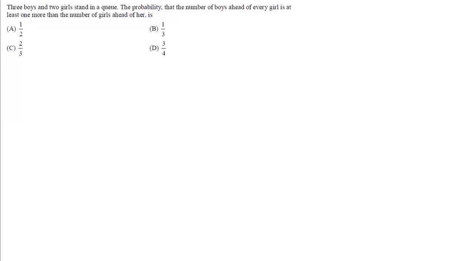Now here the question is, 3 boys and 2 girls stand in a queue. The probability that the number of boys ahead of every girl is at least 1 more than the number of girls ahead of her.